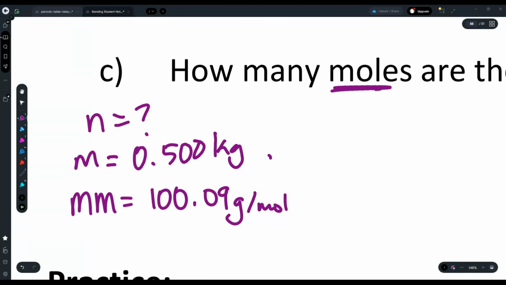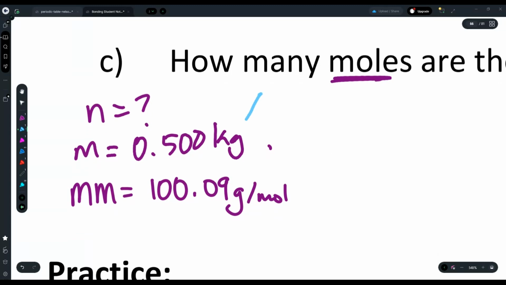Okay, so looking at our list of givens here, you may notice a problem. Our units of mass and the mass units in our molar mass are not the same. So in order for things to work out in this calculation, we need to make them the same.